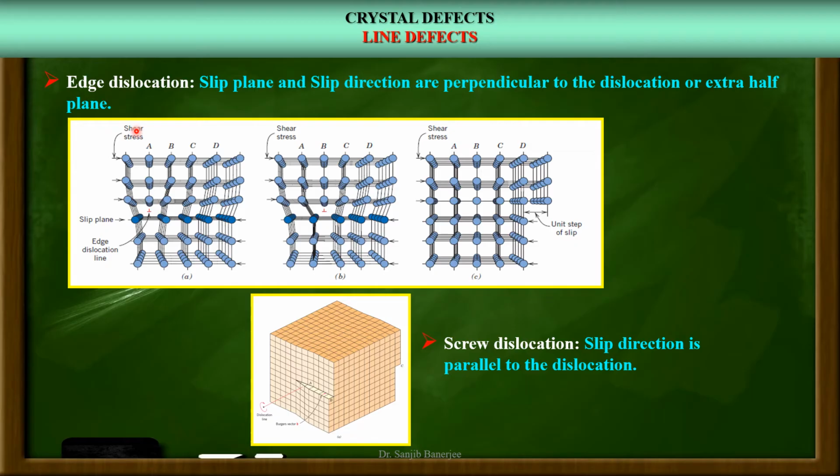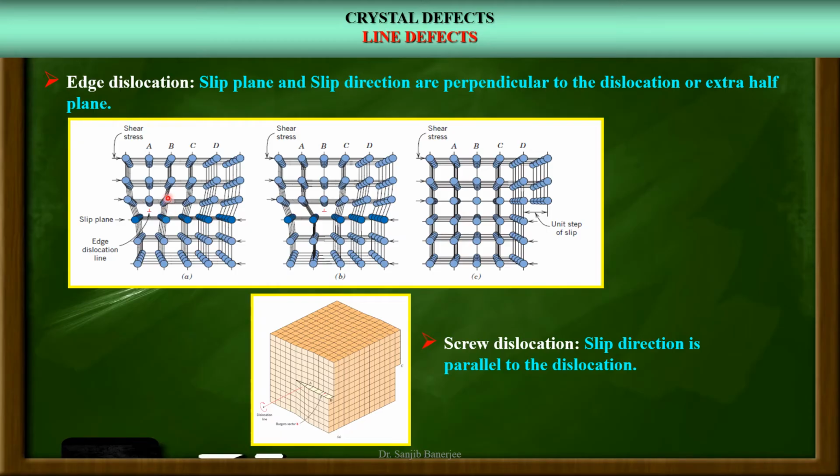Now, in such an edge dislocation, slip takes place along a plane perpendicular to the dislocation itself, and the slip plane and slip direction remain those of the particular lattice type involved. Here in this figure, we can see that there is an extra half plane, which is an incomplete atomic plane inserted in between the two complete atomic planes of a crystal structure.